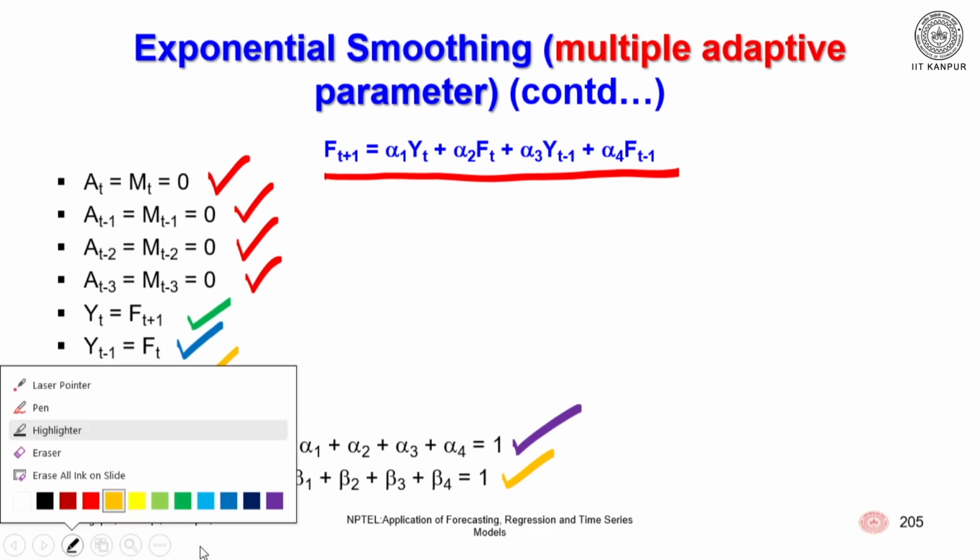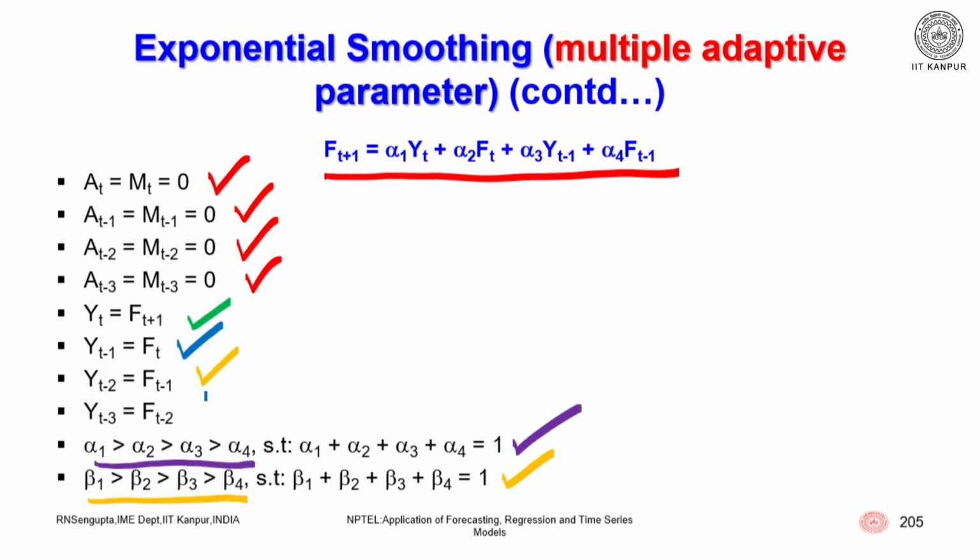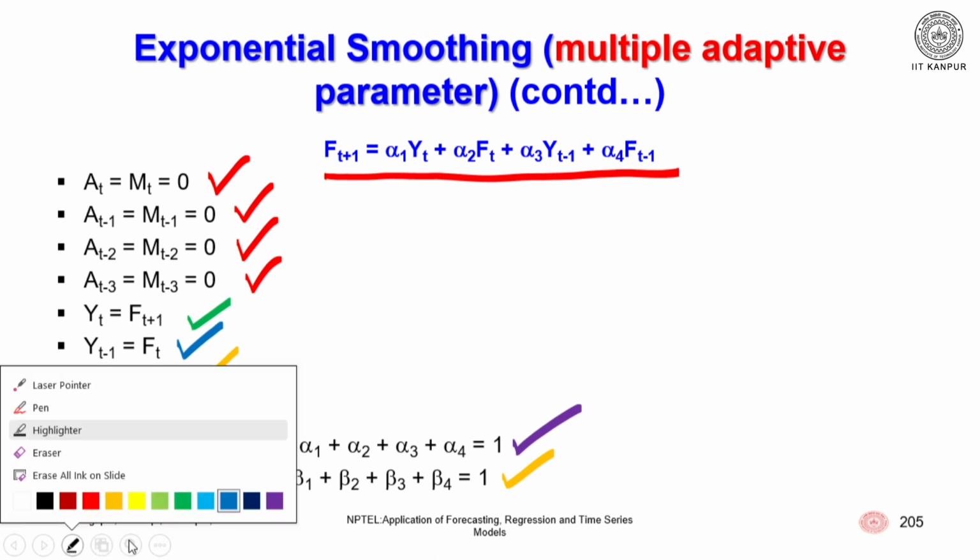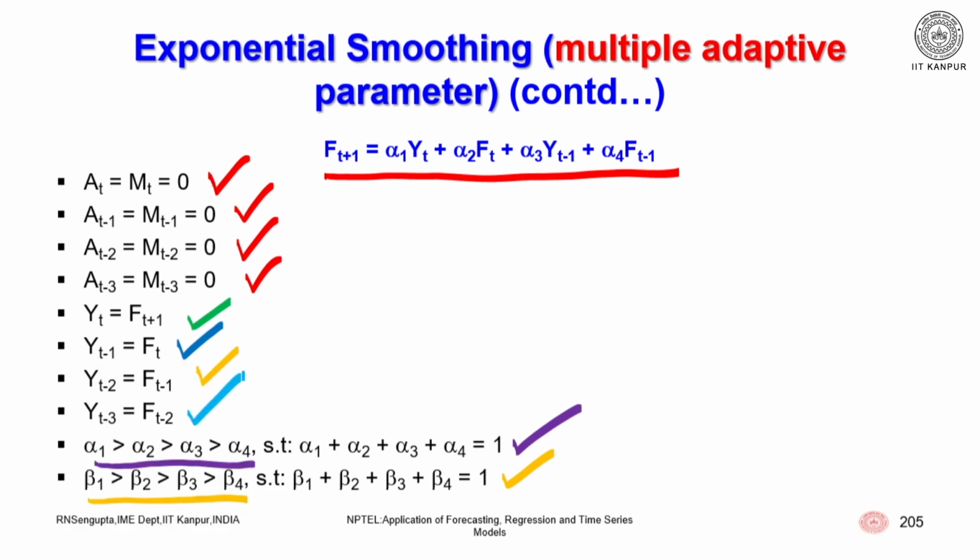And last but not the least, I would have y t minus 3 is equal to f t minus 2. So, utilizing these values you can basically frame a problem, and the question can also arise that can we have such constraints of different varieties, like you have the constraints about alpha, you have the constraints about beta.